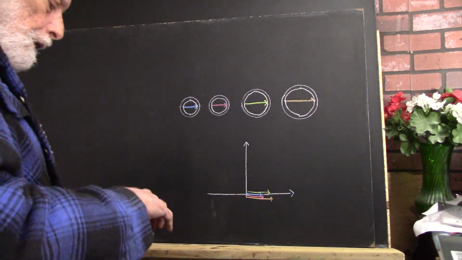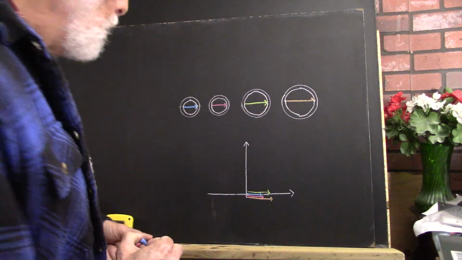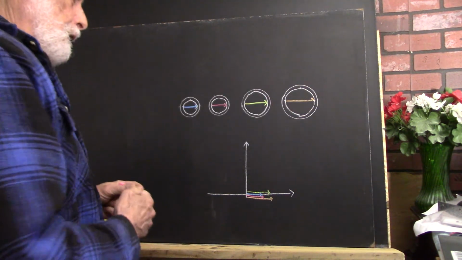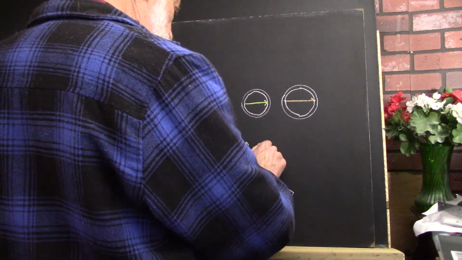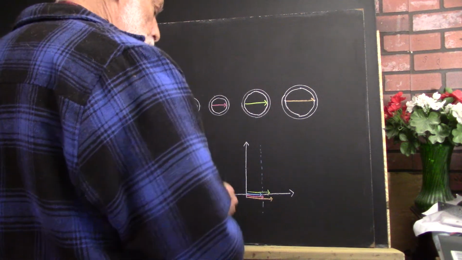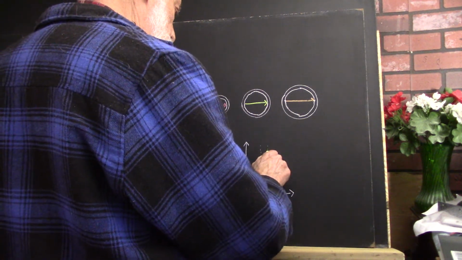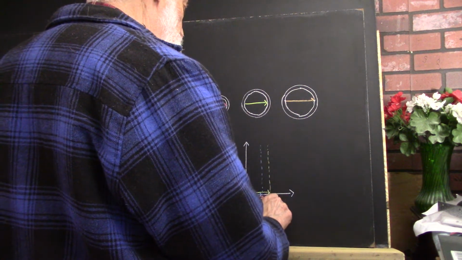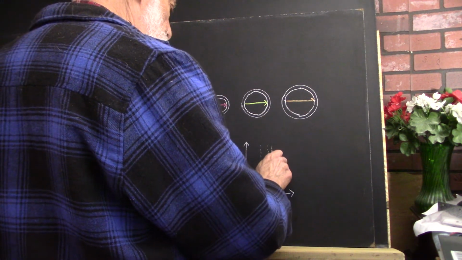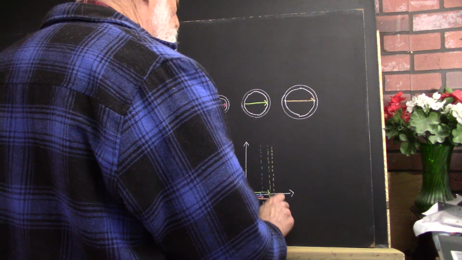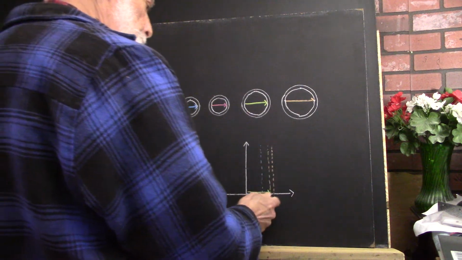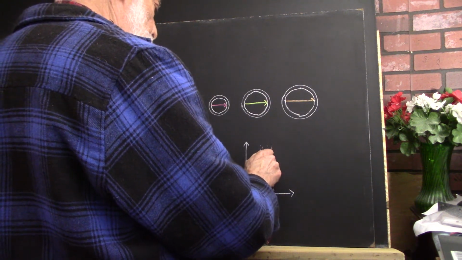Okay, now I've got these arrows, and I know what the weights of the water are, how much water fell in each jar. So I'm going to make a vertical line through each of these x coordinates. Okay, my x coordinates are constant here on each line.